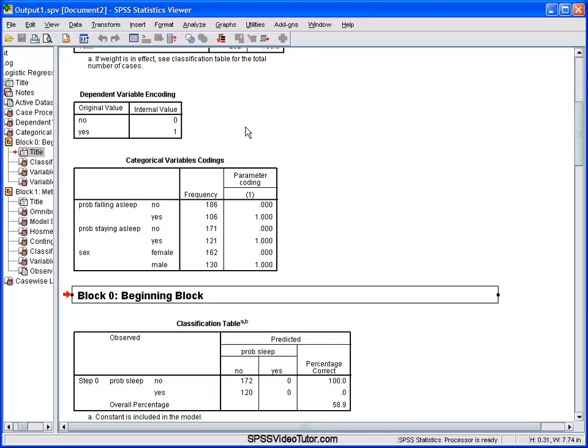Now, we did this earlier on in our data file. However, if you begin this analysis and you have not coded your dichotomous variables as 0 and 1, SPSS will do it for you. So it's very important to pay attention to these tables because they're critical in helping you interpret your results.